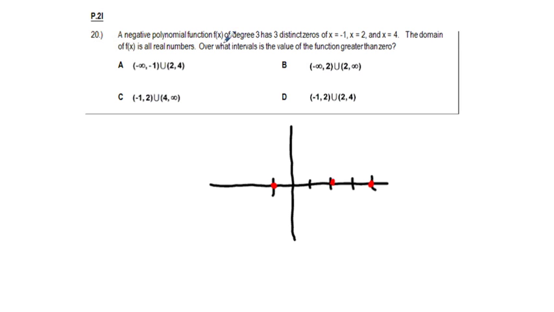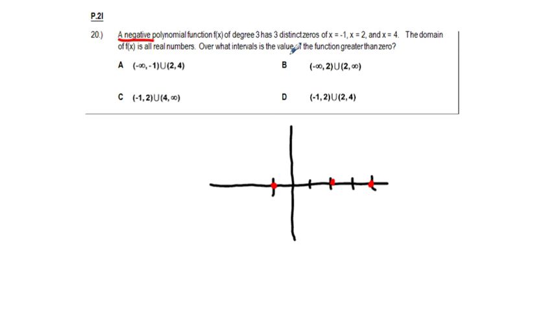It says the degree 3 has 3 distinct zeros, and it says negative. So for 3 distinct zeros, we're going to have each zero with a multiplicity of 1.